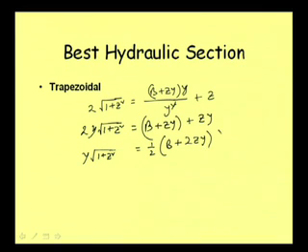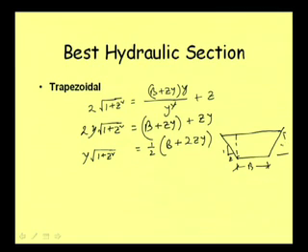Now, if I draw the trapezoidal section here, this is leading us to one important aspect. Say this width is B, fine, the side slope is z, already explained. Now, this depth is y, fine. What about this side, from here to here? This is z y.